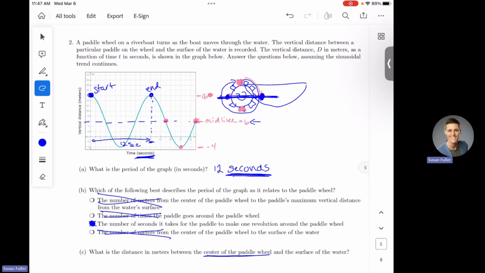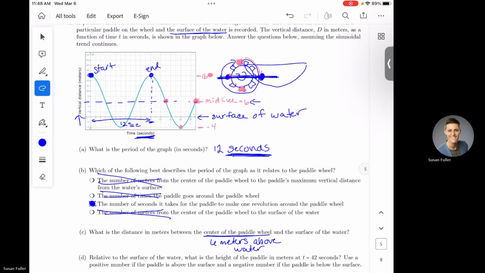Let's see, a paddle wheel moves through the water. The vertical distance between a paddle wheel and the surface of the water. So really, this distance over here is the distance between the paddle and the surface of the water. So a height of 0 is when we are at the surface of the water. So this is the surface of the water down here. So the center of my paddle wheel is 6 meters above the water.